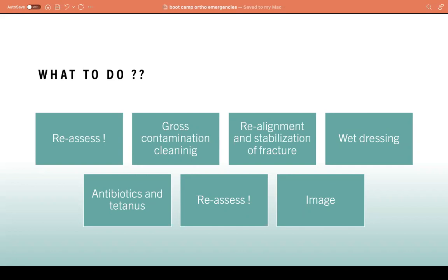Then definitely you will find some deformity of the limb. You can do just realignment. Realignment means you maintain the rotation, and you correct any angulation and any shortening of the bone, and you stabilize the fracture with a back slab.